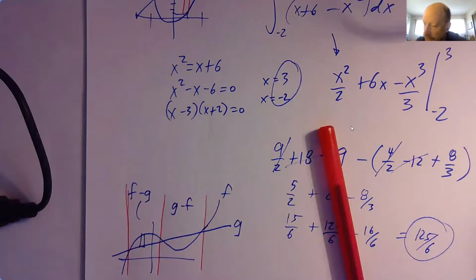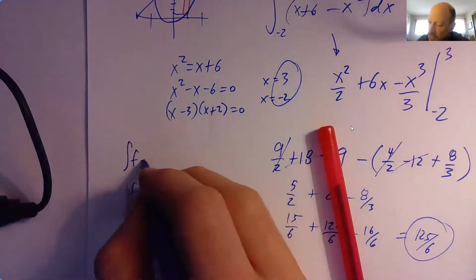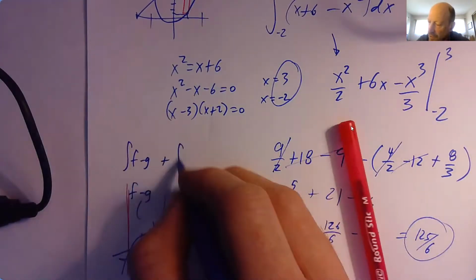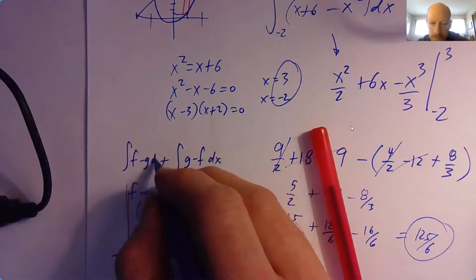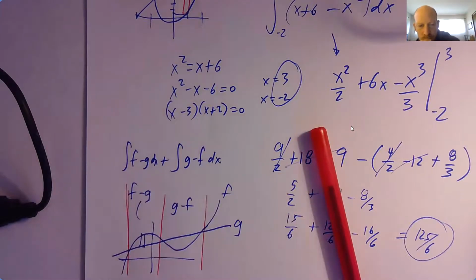So I'd have an integral of f minus g, and then I'd add to that the integral of g minus f. It makes it a little harder to do, because you're really doing two integrals instead of one, but the structure of the problem is very similar. You would just have to see that by your graph.